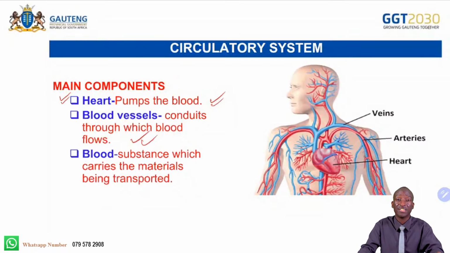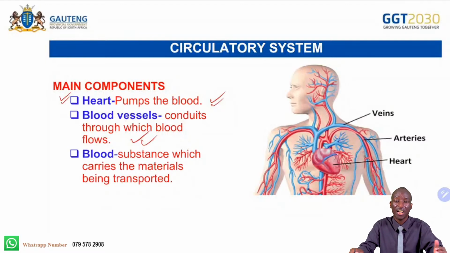The blood carries all these dissolved soluble substances needed by our body so that we can carry out all of the life processes effectively. So these are the main components: the heart, blood vessels, and the blood.